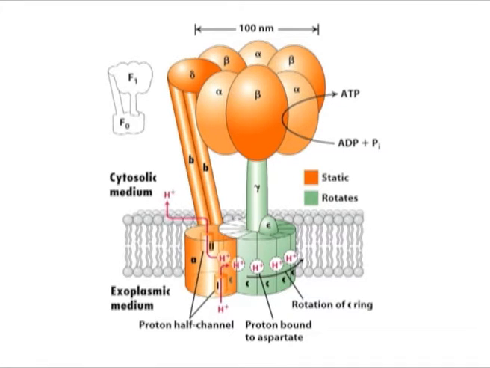F1 is composed of 3 copies of each of subunits alpha and beta, and 1 each of subunits gamma, delta and epsilon. F1 subunits gamma, delta and epsilon constitute the central stalk of complex 5.